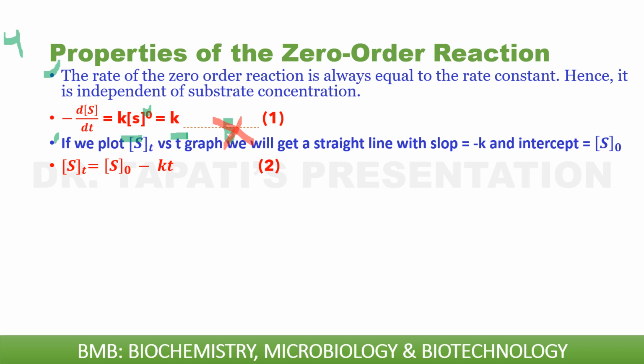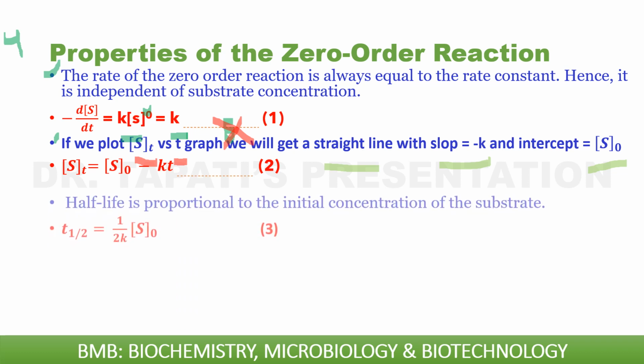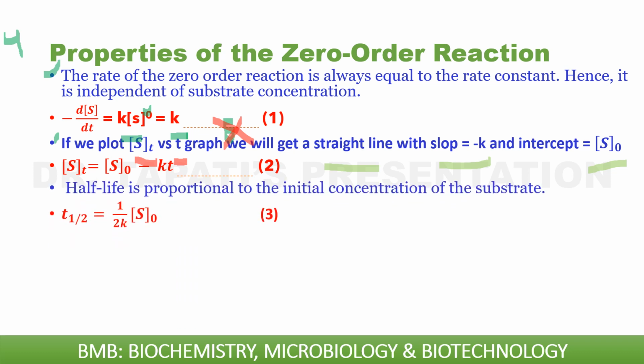According to equation 2, if we plot final concentration of the substrate versus T graph, we will find a straight line with slope minus K and intercept initial concentration of the substrate. We can find T half or half-life of the zero order reaction by equation 3.